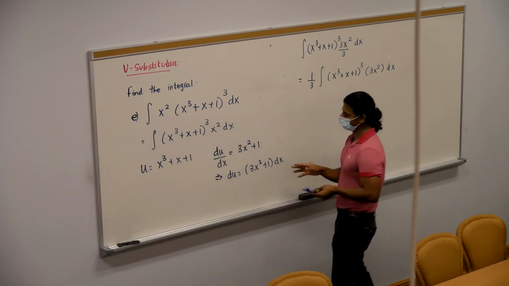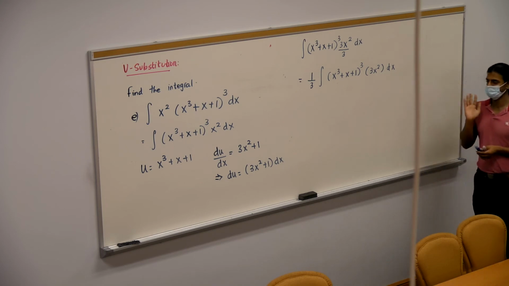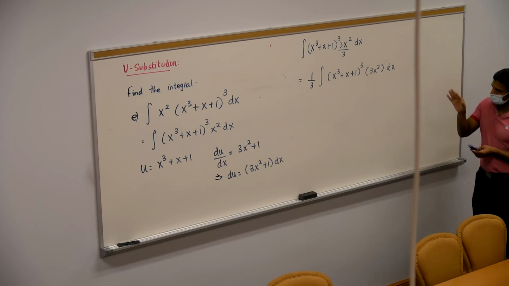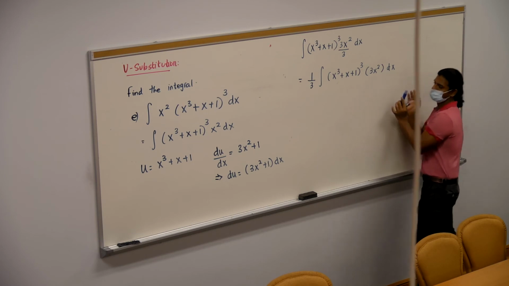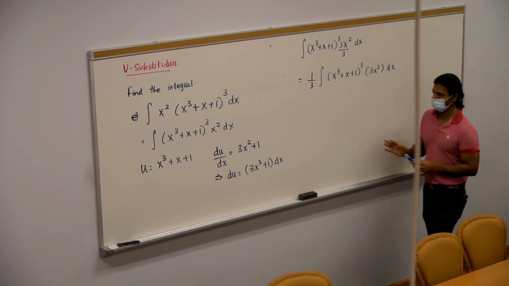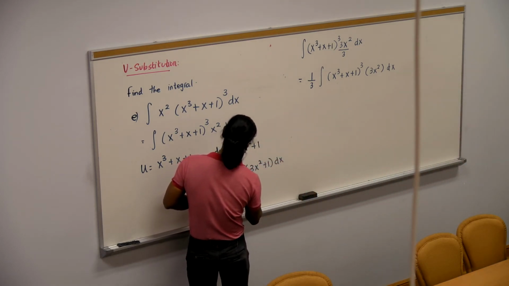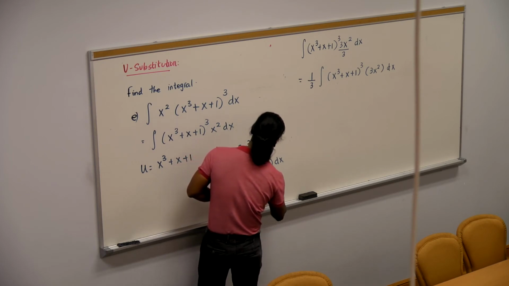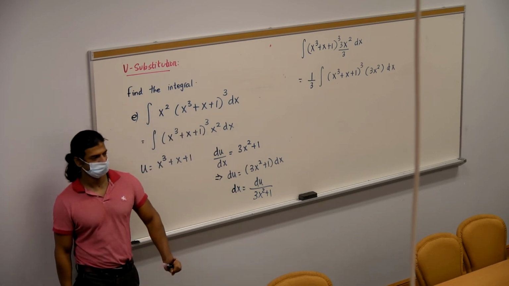So clearly I can't replace dx as is, right? Clearly we can't rewrite 3x squared dx as is. So what I can do is rewrite dx in terms of du. So dx would be equal to du over 3x squared plus 1. Yes?